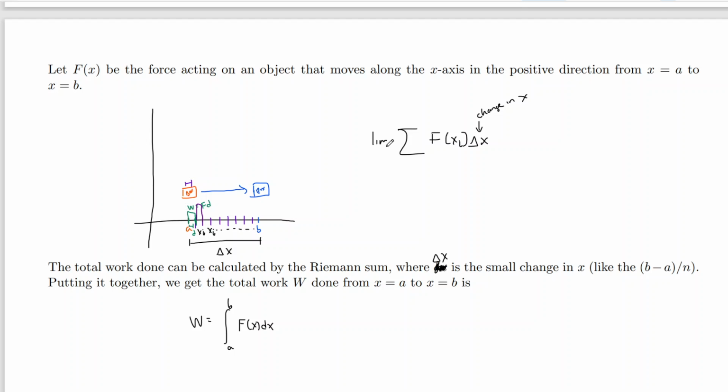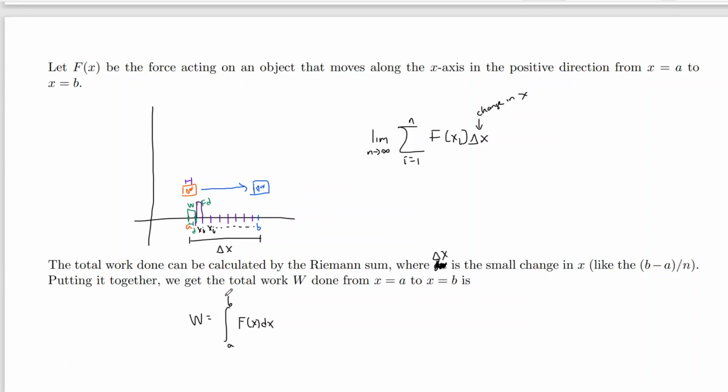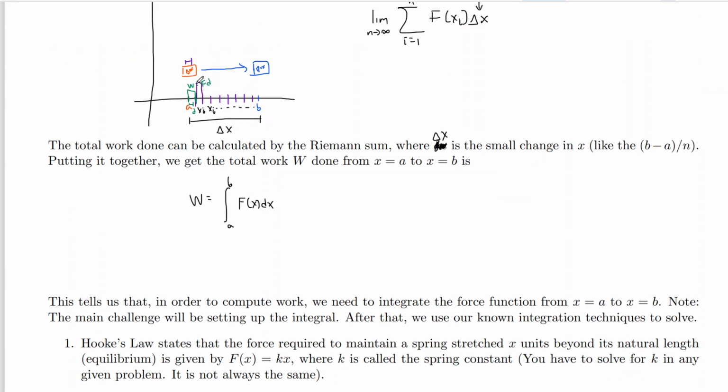So we do the limit as n goes to infinity of the sum of i equals 1 to n of this. And the delta x is just your typical b minus a over n. And this is our Riemann sum. So to get the work done on this object, all we do is integrate the force function, capital F of x, from a to b.